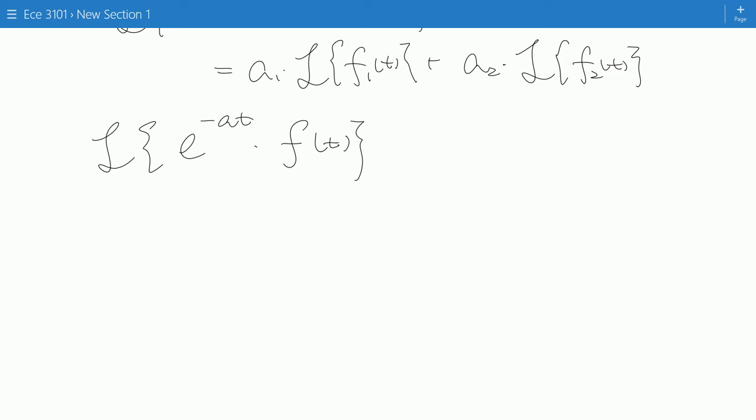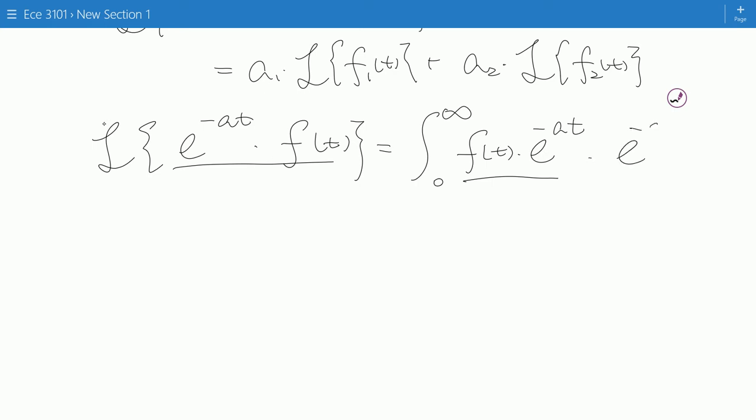How can we do this? Well, if we get overwhelmed, we can think about the definition. The definition is f(t) times e to the power negative at, which is the function we're interested in, times e to the power negative st dt.